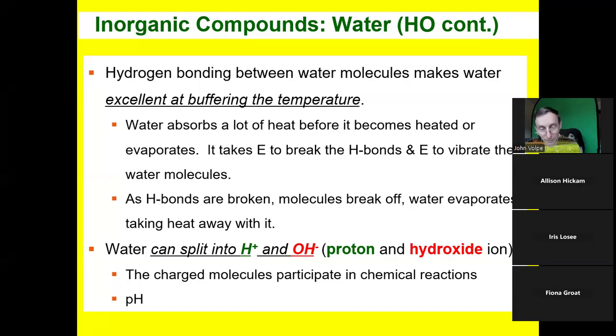Meaning if you were to give, let's say, 100 joules of energy to 1 cup of oil compared to 1 cup of liquid water, you'll find that the temperature will rise higher in the oil than in the liquid water.